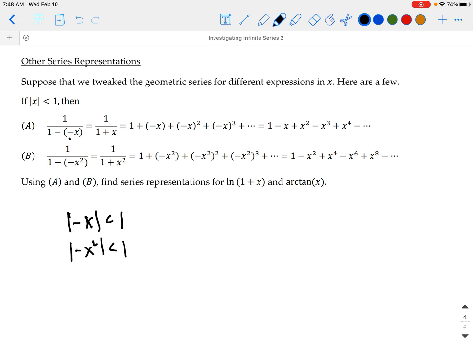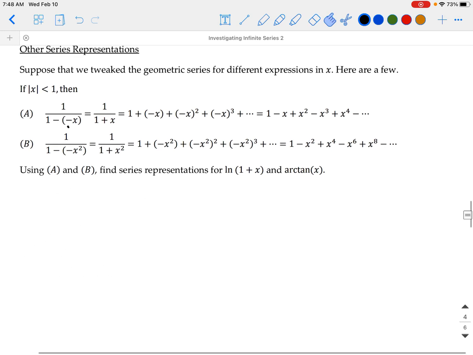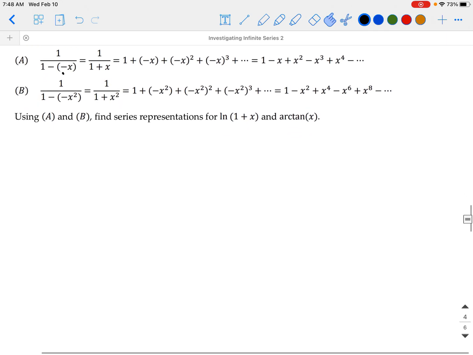The absolute value of negative x squared is less than 1, since x squared for a number that's smaller than 1 is going to be smaller itself. And any power of x, actually. So any higher power of x, if x is less than 1, will be less than 1 as well for its absolute value.